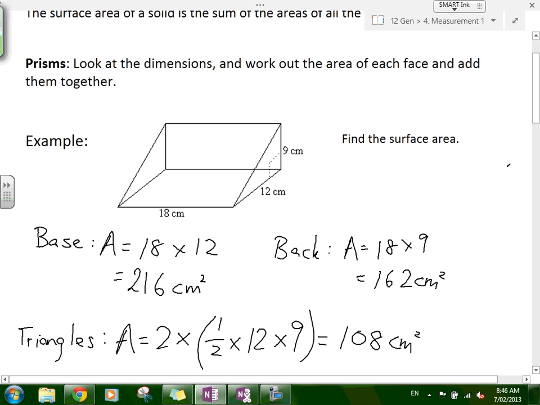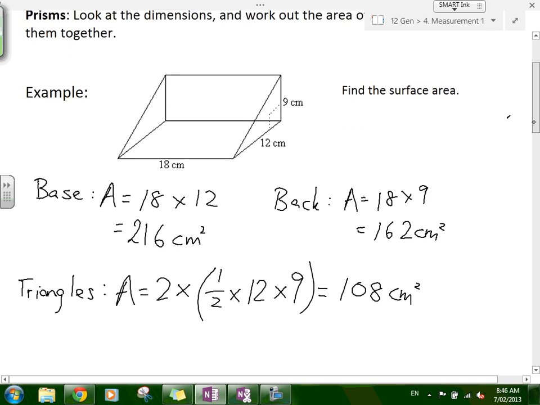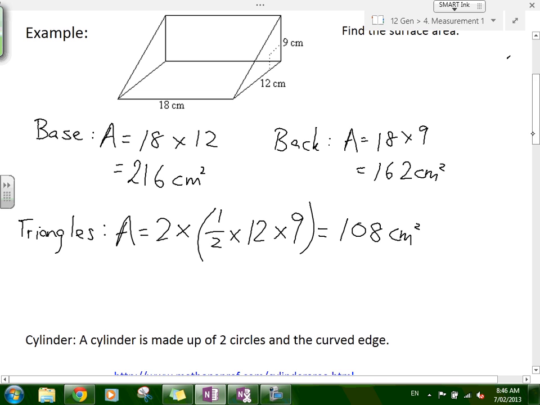Alright, so we've got those three. Now what do we have to do to find this slanted face? We use Pythagoras' theorem, because otherwise we cannot find this length. So we need to find this slanted length, which we call x. So x squared, and that's the hypotenuse.